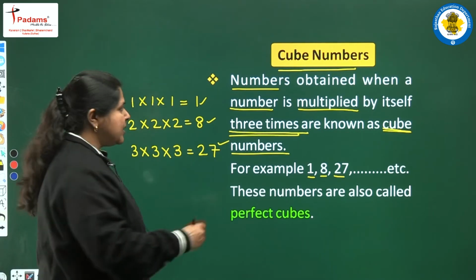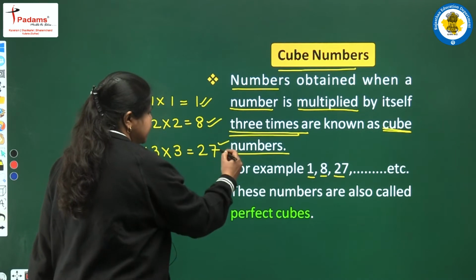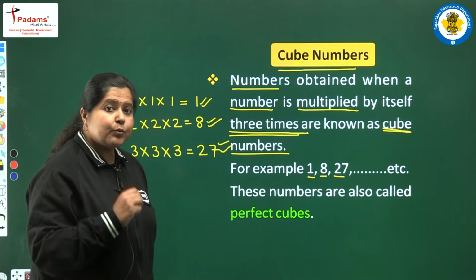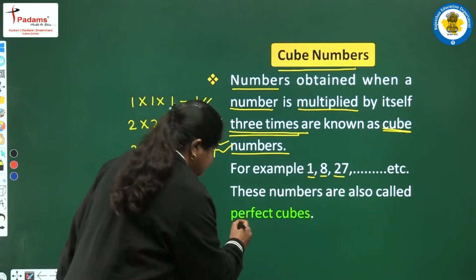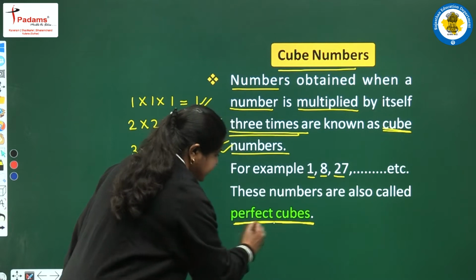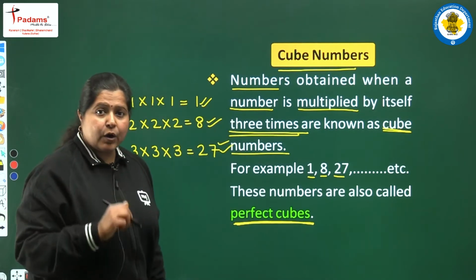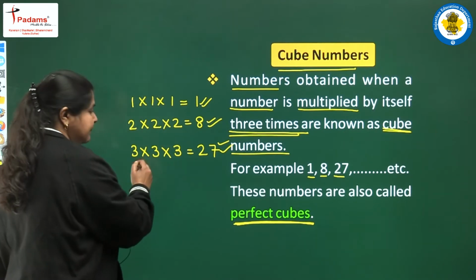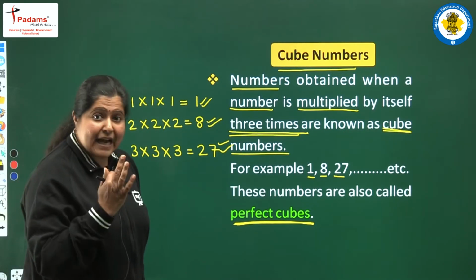So these numbers 1, 8, 27, these numbers are called cube numbers, or we also call these numbers as perfect cubes. Why are these called as perfect cubes? Because we are getting these numbers when we multiply a number by itself 3 times.